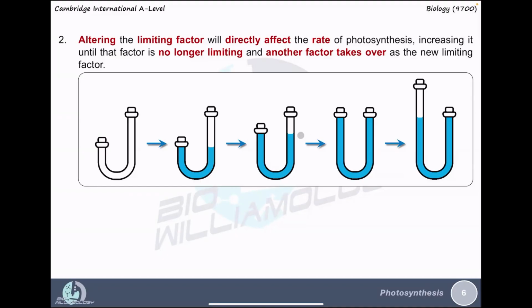The reason is that when we increase the value, we see an increase in the overall rate of reaction, or rate of photosynthesis, until that factor no longer acts as the limiting factor and another factor takes over. Any further increase of the original factor no longer increases the rate of photosynthesis.